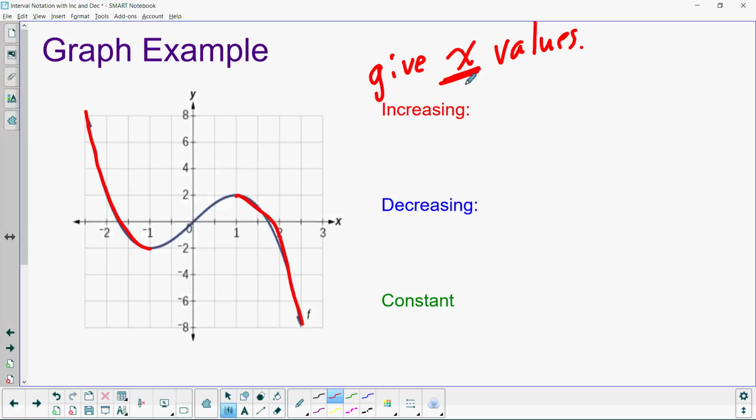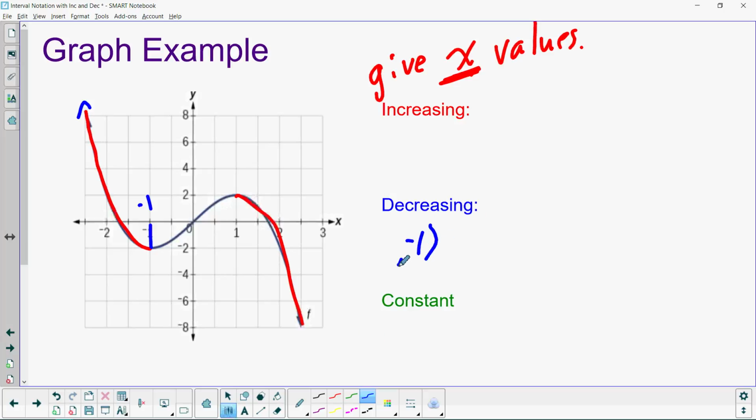So if we come look at this graph, on this end we have an arrow, and we'll worry about that in a second. But we're going down, down, down, down until we get right here. This spot lines up with -1 on our x-axis. So that's where it's going to end at. So we're going to go to decreasing. It stops going down at -1. We'll talk about the parenthesis in a second. Now, where did this part start?